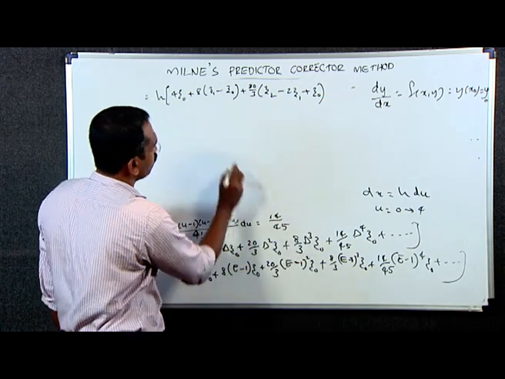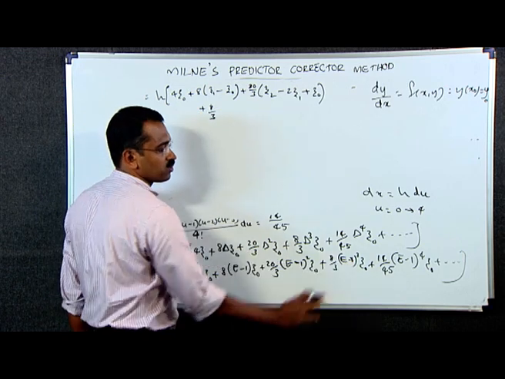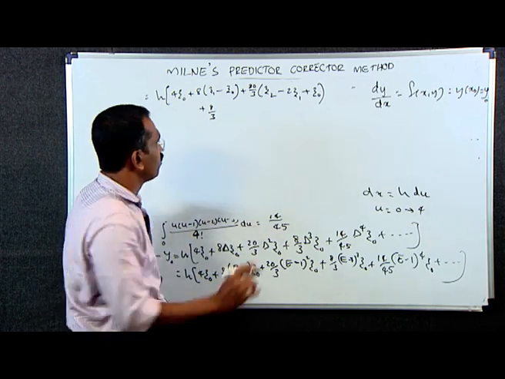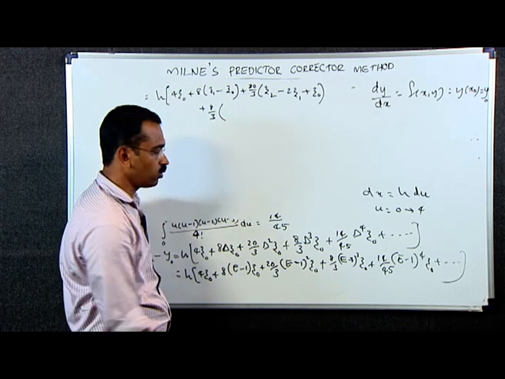Plus 8 by 3 into, expanding e minus 1 whole cube and applying the shift operator, we will obtain 8 by 3 into e cube z0.